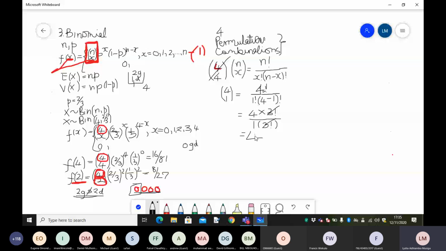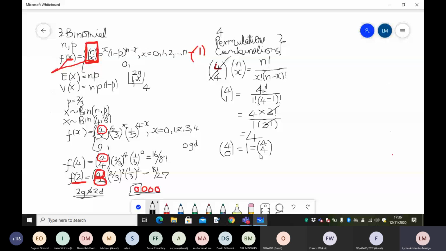And this is why I said that 4 combination 0 is 1, and it is also equal to 4 combination 4. 4 combination 0 is 1, 4 combination 4 is 1.